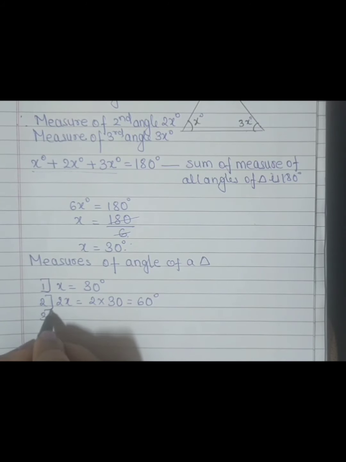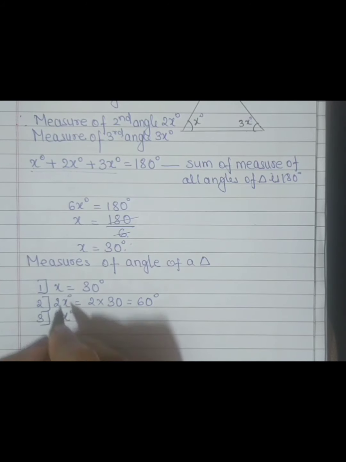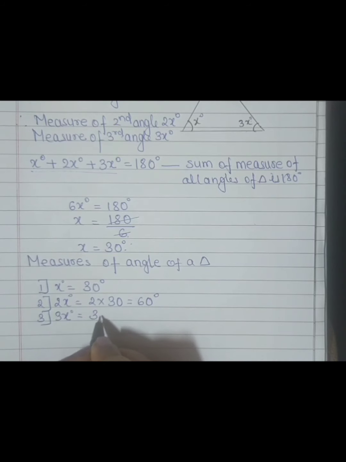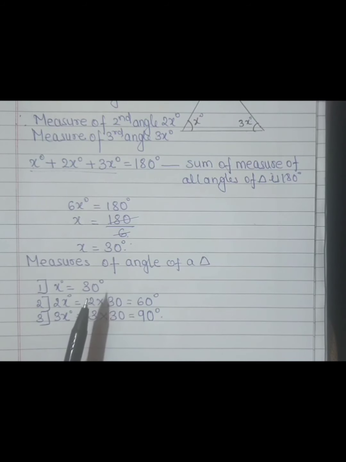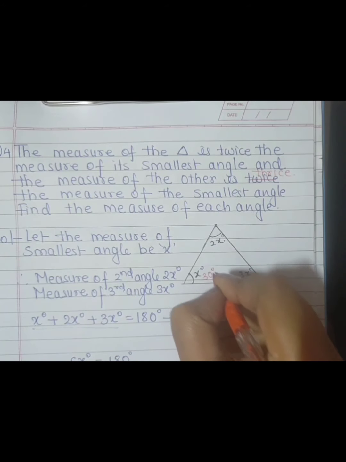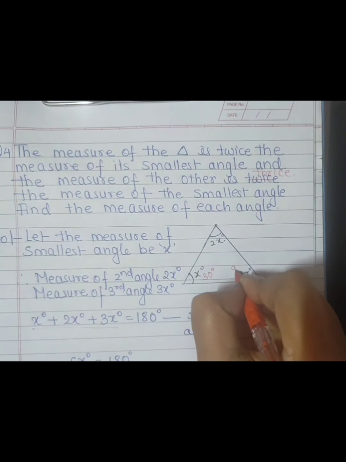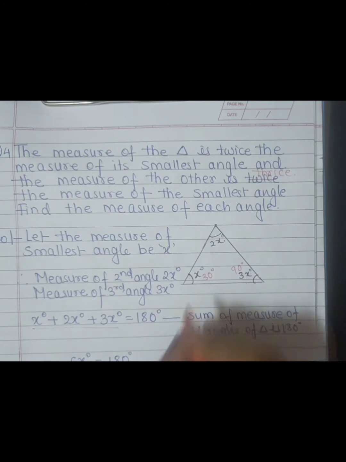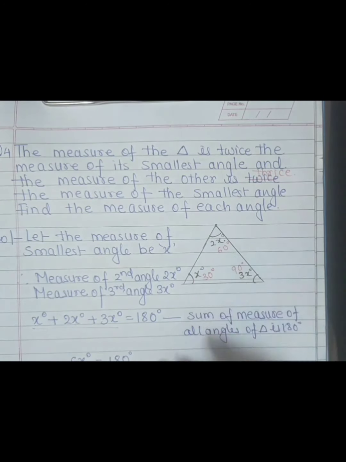And the third angle is 3x degree, that is 3 multiplied by 30, that is 90 degree. So we have found the measure of each angle: 30 degree, 60 degree and 90 degree. So I am writing here, this is 30 degree, this is 90 degree, and this is 60 degree.